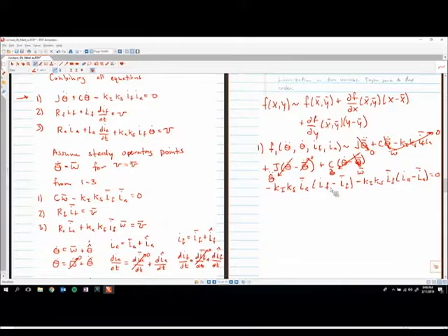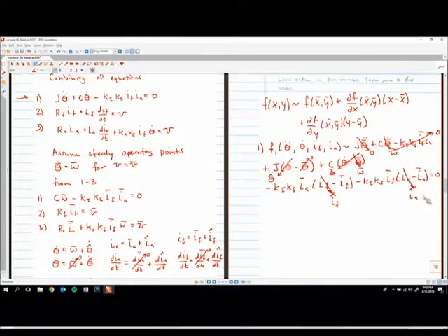IF minus IF bar: if I move IF bar to the left-hand side, that's going to be IF minus IF bar, and that equals IF hat. Same thing with IA minus IA bar goes to IA hat as well.